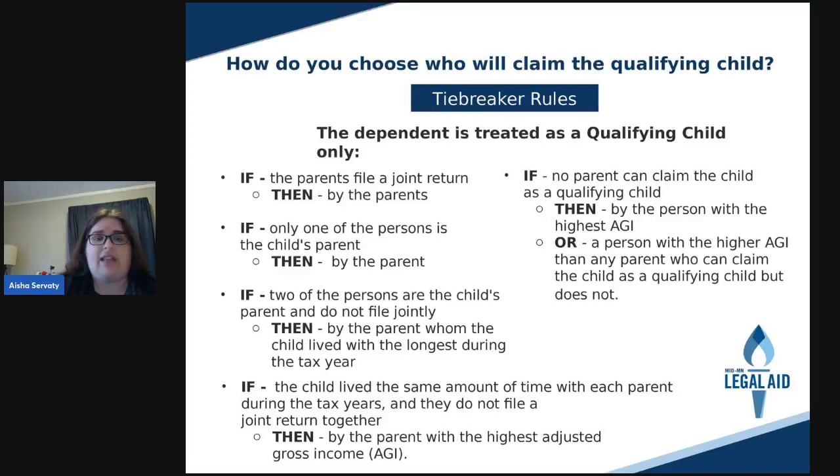And then if the child lived the same amount of time with each parent during the tax year and they're not filing a joint return, then it is the parent with the highest adjusted gross income. And then if no parent is claiming the child, then it is the person with the highest adjusted gross income, or a person with a higher adjusted gross income than any parent who can claim the child but is choosing not to claim the child.